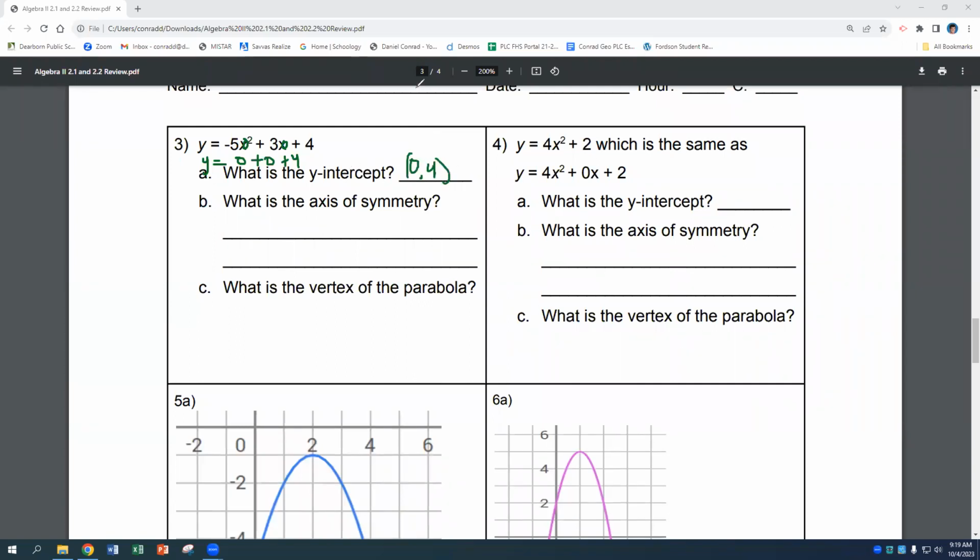Okay, axis of symmetry and vertex. To find the axis of symmetry and the vertex, we need to find h first. So h is opposite of b over 2a. Okay. Again, a is the coefficient in front of the x squared, so a is going to be -5. B is going to be 3. And then c is going to equal 4.